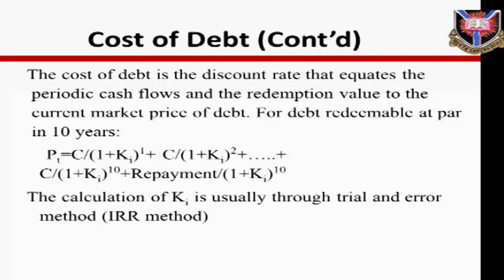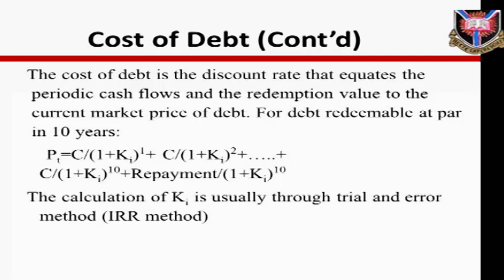In the course of issuing debt, flotation costs in the form of legal fees, administrative expenses, brokerage, underwriting commission, etc. are often incurred. The effect of the flotation cost is to reduce the proceeds of the issue, thereby increasing the cost of debt. Interest paid on debt is tax deductible.